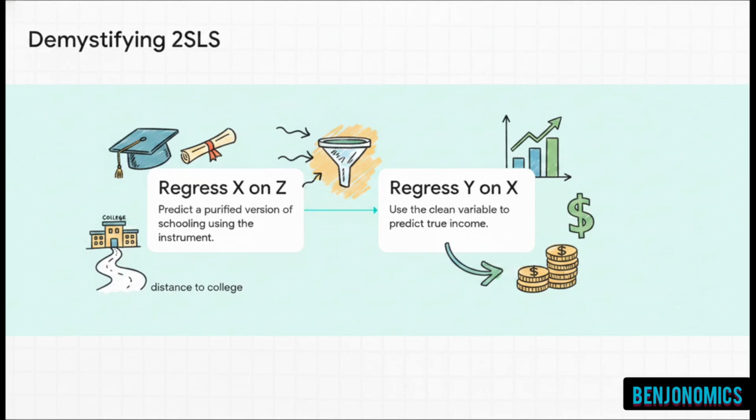This creates a purified predicted schooling variable. Let's call it S hat. And this S hat is driven entirely by geographic distance, not hidden ability. Then, stage 2, we throw out the dirty original schooling data, and we regress income on our shiny new purified S hat variable. The coefficient we get from that, that's our true causal effect.